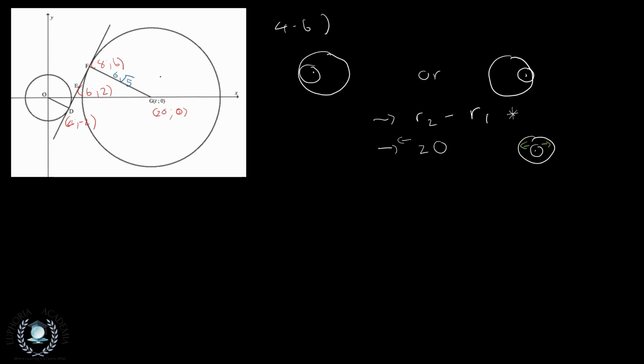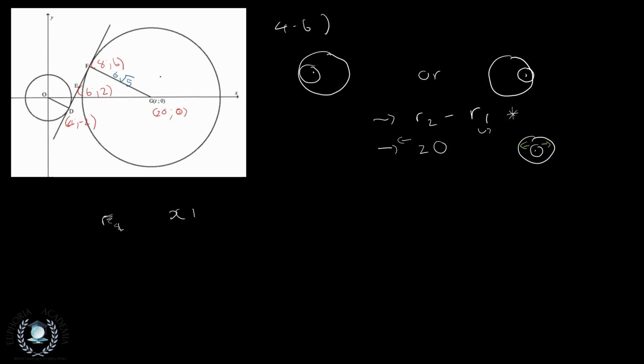First we have to find the radius of the smaller circle, so we have to find R1. We do have the formula of the smaller circle, so we can just use that.